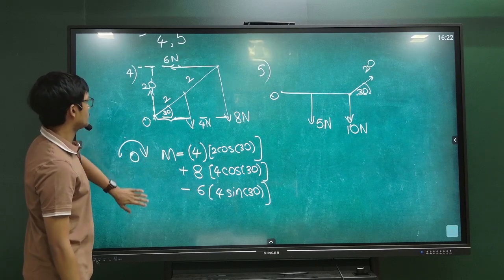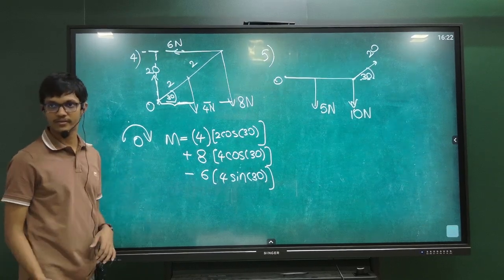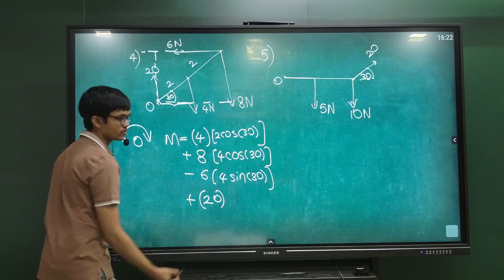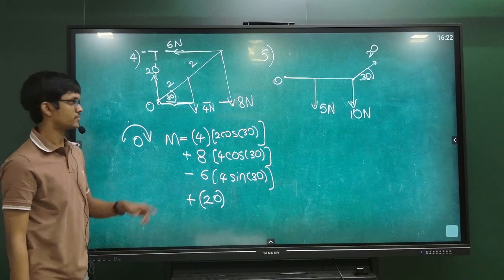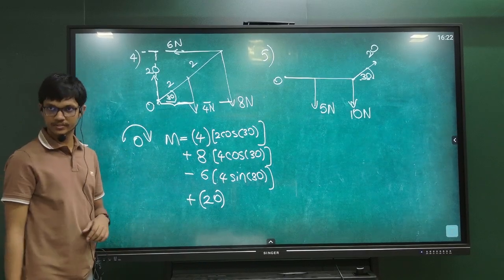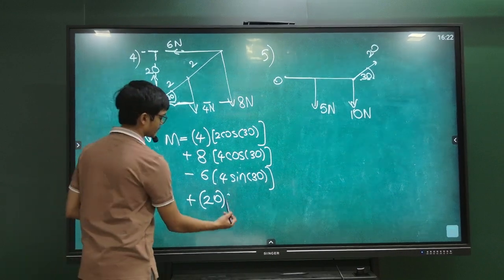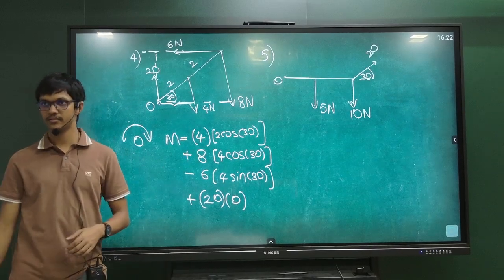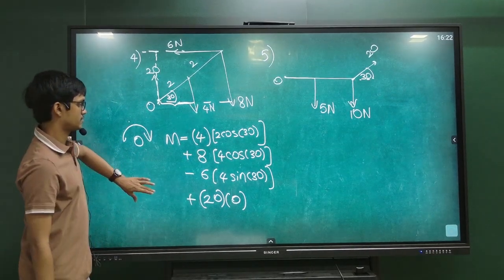What about 20? You don't have to think about 20, right? Why? Plus 20. What is the distance to 20? 0, right? Distance to 20 is 0. Clear? So you will get the answer like this.